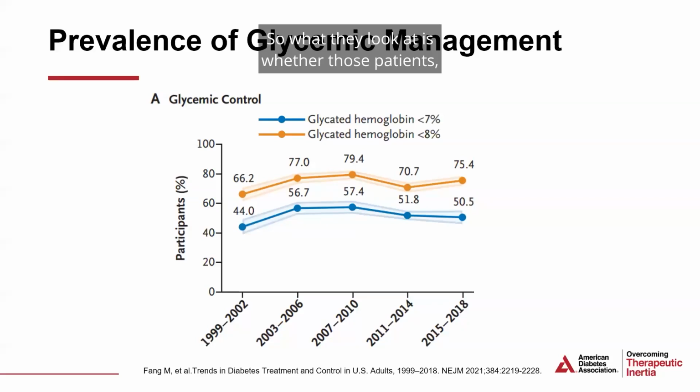What they looked at is whether those people with diabetes got appropriate A1C checks according to ADA recommendations, which is if A1C is above target, you should probably get an A1C check every 3 months. And if A1C is within target, you can relax the frequency to maybe every 6 months. So did they get A1C checks as per ADA recommendations?